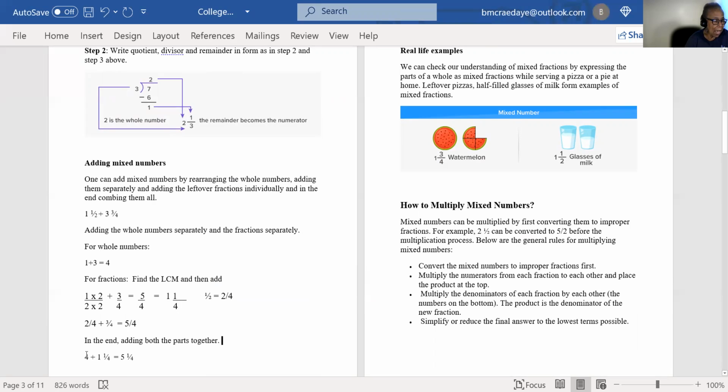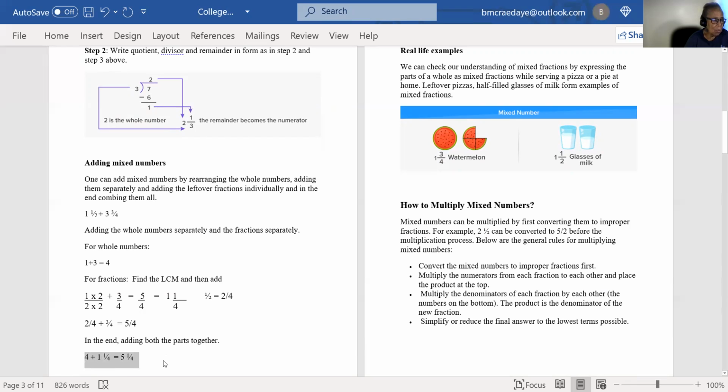So now we can add the whole numbers, 4, the sum of 1 plus 3, and then we add our mixed number, 1 1/4. 4 plus 1, add the whole numbers, and you get 5, and then the 1/4 added to 0, because we don't have a fraction over here with the 4, and we get 5 1/4.